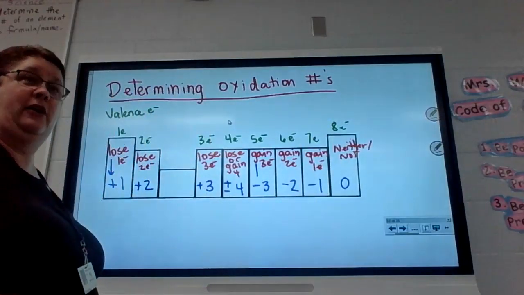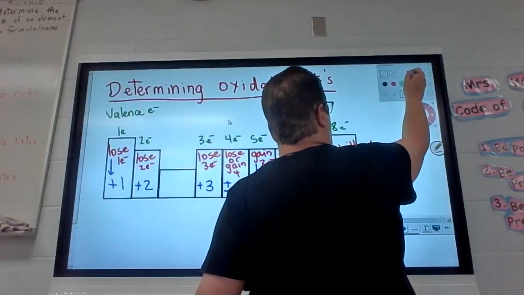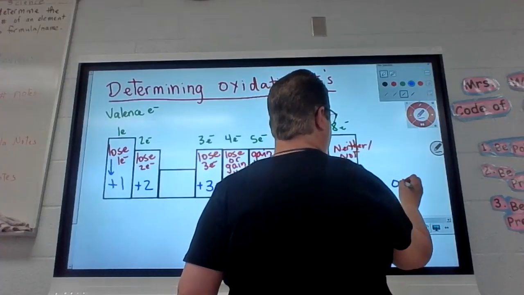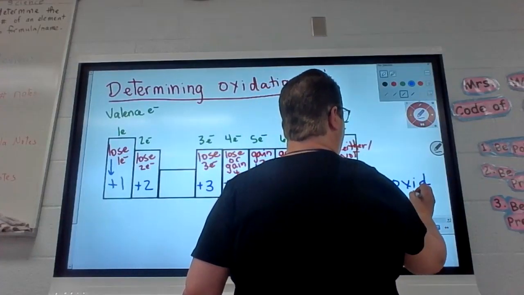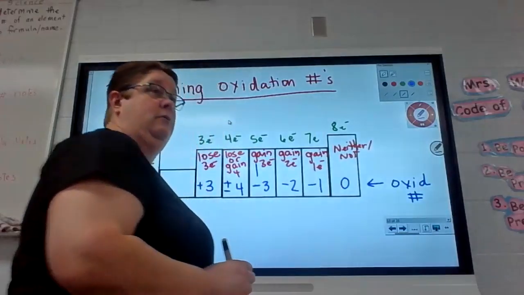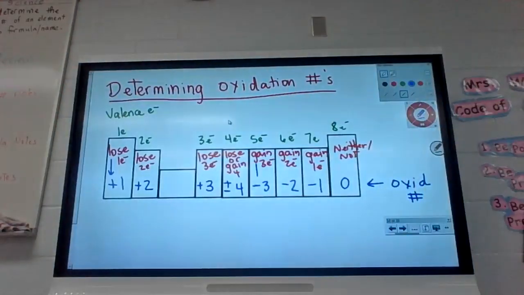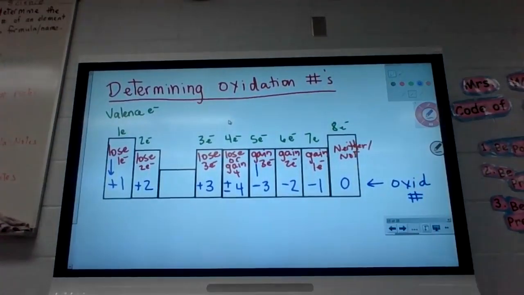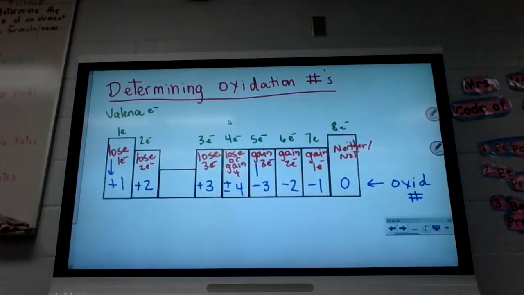The green is valence electrons. The blue is the oxidation number. It's 2, right? Yes, there's 2 valence electrons. All right, so what's the oxidation number for group 2? What's it say up there in blue?